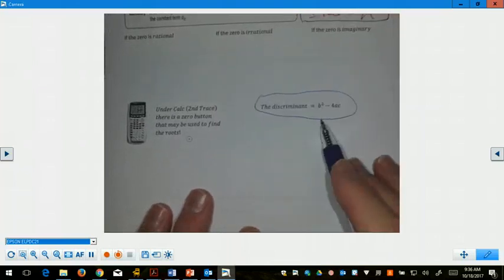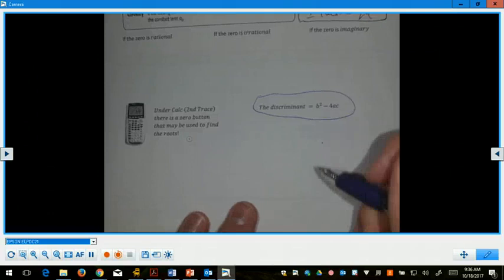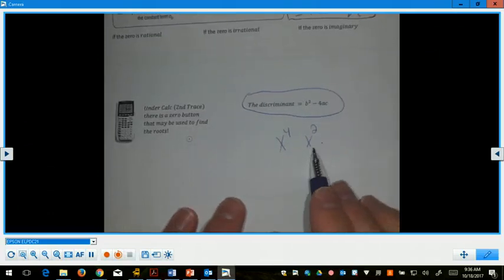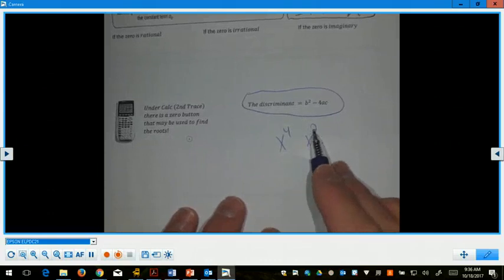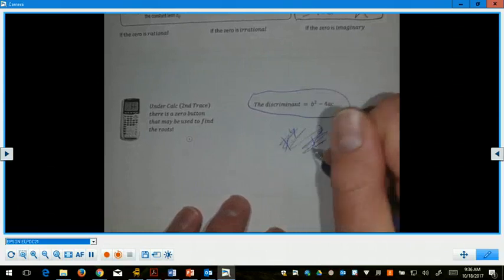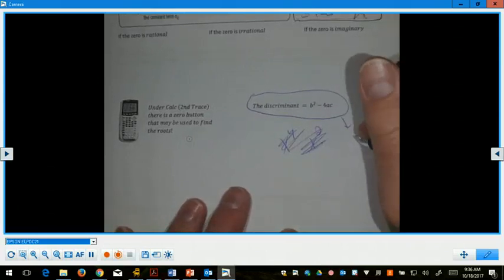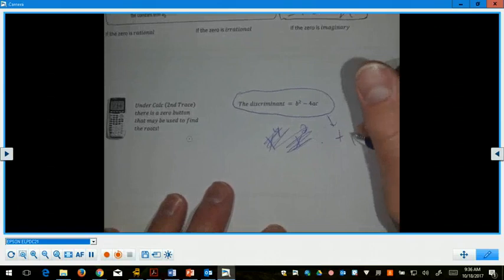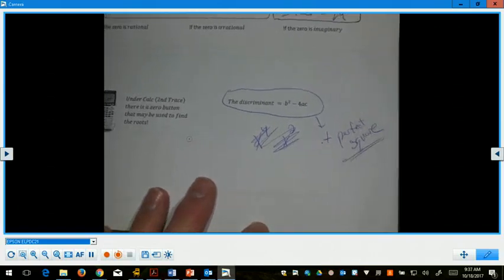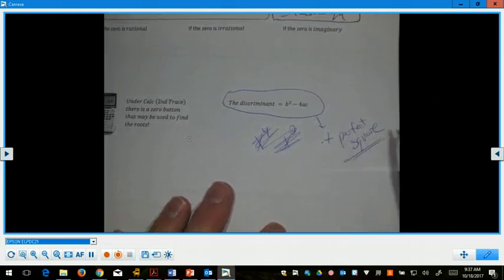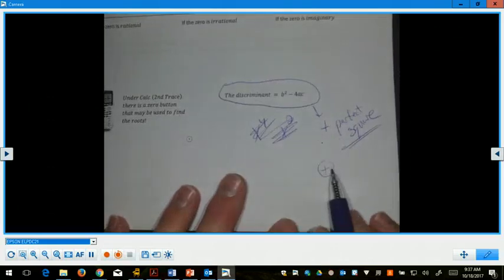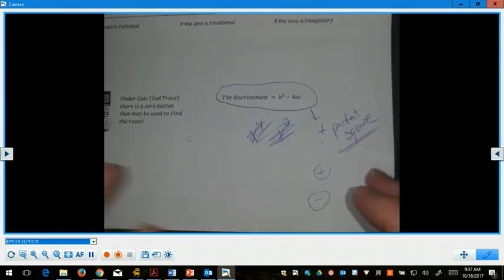If you've gotten it down to a quadratic, or even a quartic, as long as it has that thing where the middle term is half the exponent of this one, we can even check that to see if it's going to be factorable. Same way, if the discriminant is positive and a perfect square, then it's going to be factorable, and we're going to have rational zeros from that. If it is positive but not a perfect square, we're going to have our irrationals, and if it's negative, we're going to have our imaginary or complex.